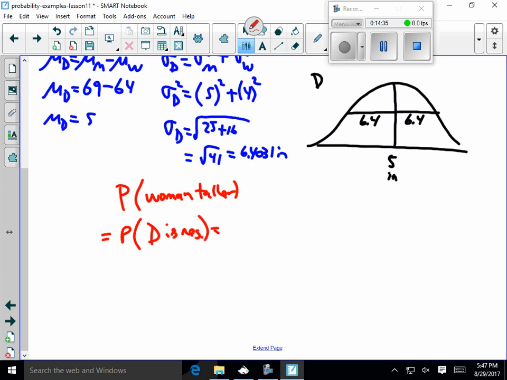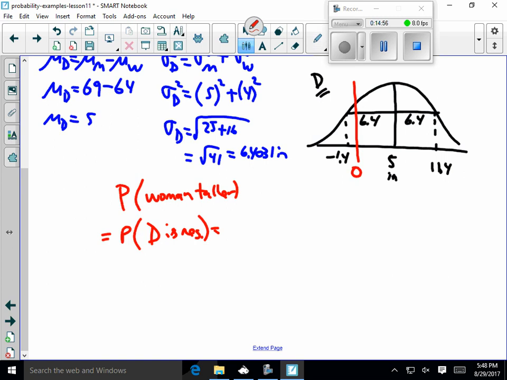So if I were to write 5 plus 6.4, this would be about 11.4 here. And if I took 5 and subtracted 6.4, this would be about negative 1.4 for this D variable. So that means that there is some place here where the difference is 0.